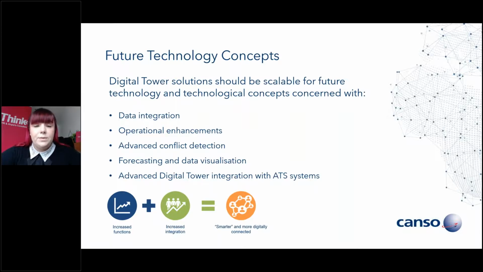And such solutions do have the potential to provide benefits to the digital tower and are primarily concerned with the ability to integrate and share more useful data, to enhance performance in specific areas with significant importance to maintain the safe, efficient, and reliable operations, to provide advanced conflict detection solutions, to enable forecasting and novel ways of visualizing information for the operators, as an example, augmented vision, and to provide more integration of digital towers with the other air traffic system. If we can now move to the next slide, please.